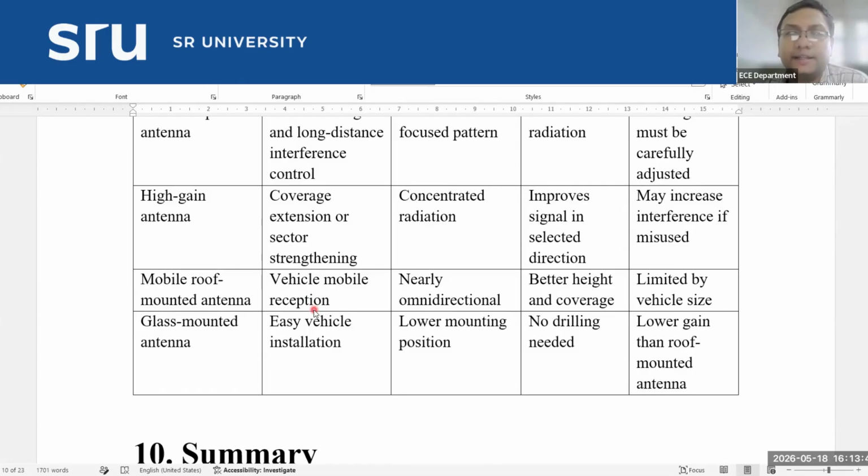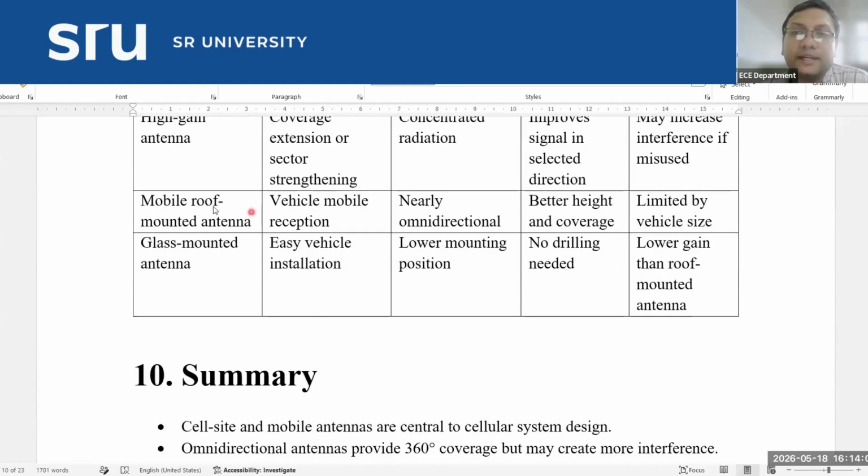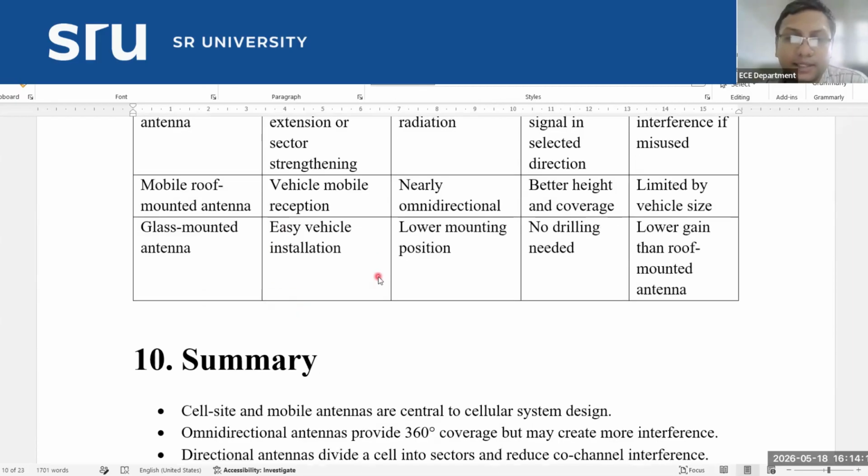If you use a very highly directional antenna, then after multipath reflection, if the signal comes through some regions where your antenna does not radiate, it will be problematic for signal reception. And for vehicles, there are two types of antenna: mobile roof mounted antennas and glass mounted antennas. Roof mounted antennas have better gain compared to glass mounted antennas.